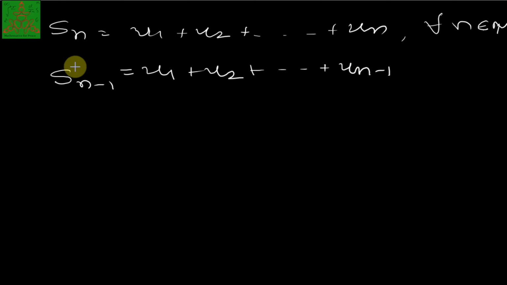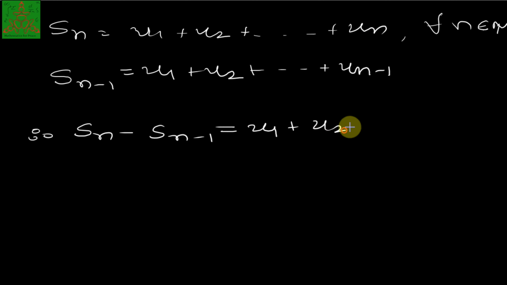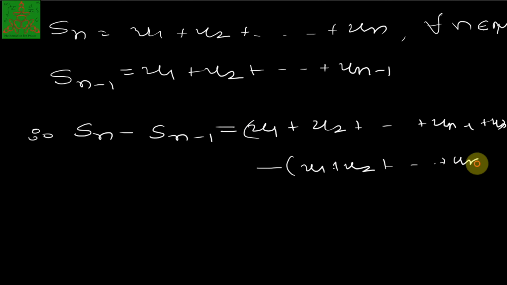And if I subtract these two, Sn minus Sn minus 1 will be left with just the last term, un, because it is u1 plus u2 plus ... plus un minus 1 plus un, and I subtract u1 plus u2 up to un minus 1.